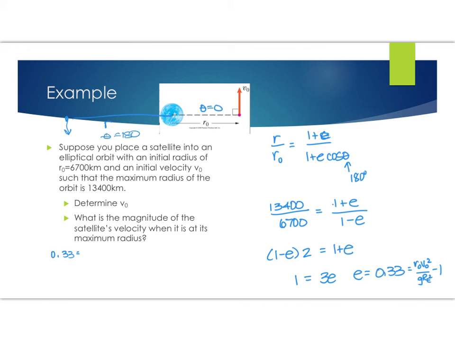Eccentricity. And then our R naught was 6.7 times 10 to the 6. Now I have to do meters because I'm not dividing. Here I didn't need to convert since I was dividing kilometers by kilometers.